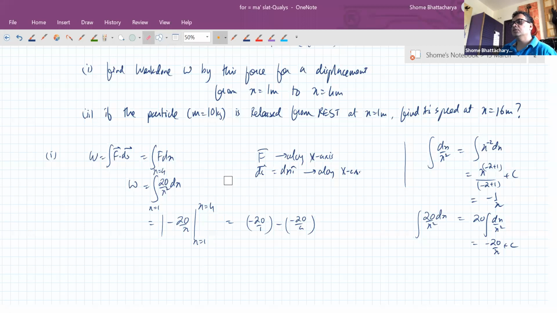Sorry, it's the other way around, the upper limit is by 4. So this becomes plus 15 joules. That will become the work done.